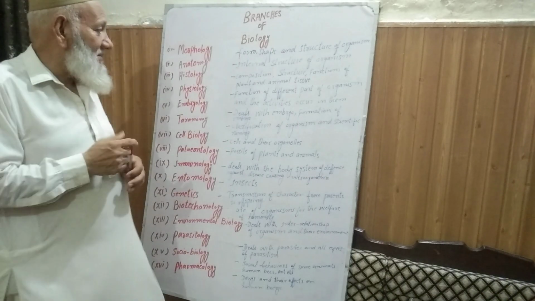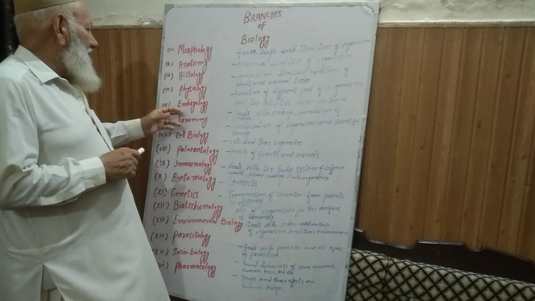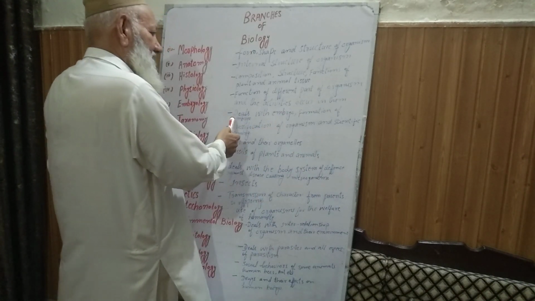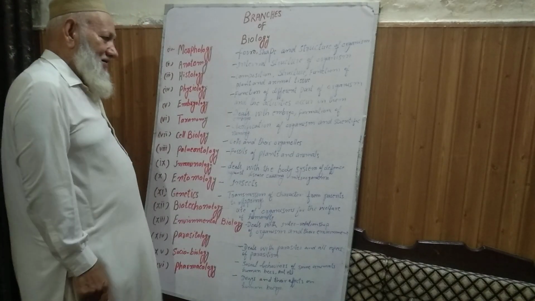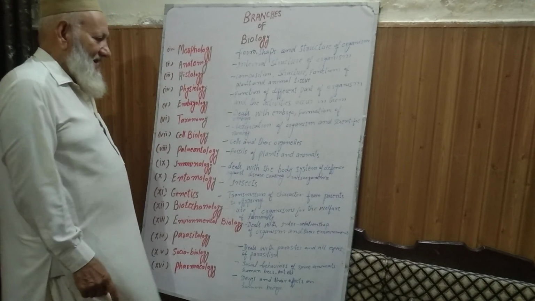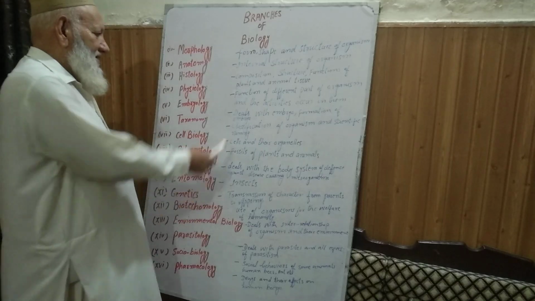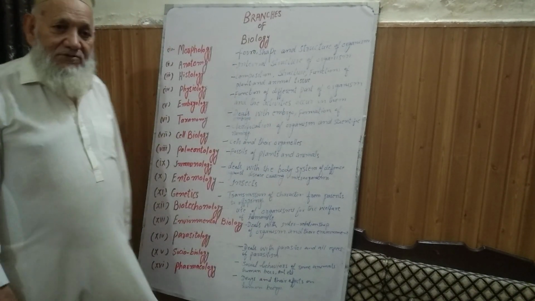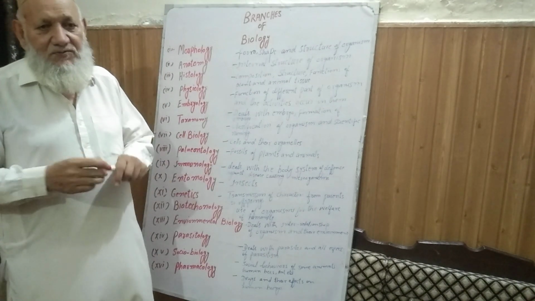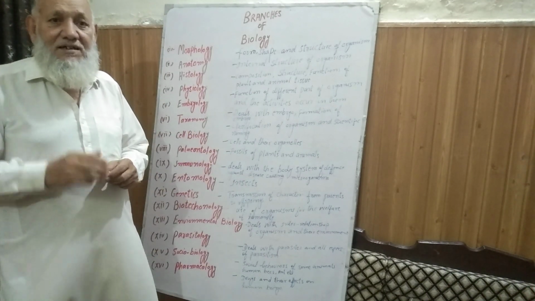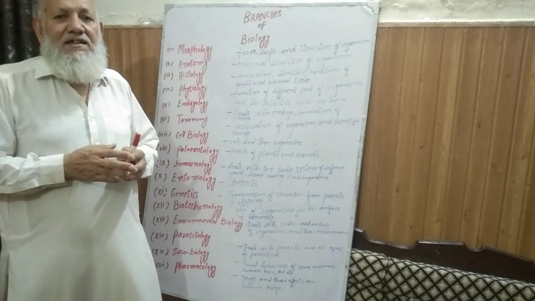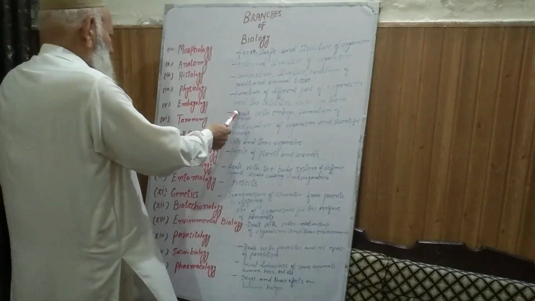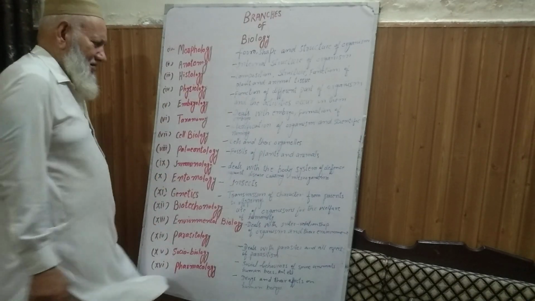So now you are clear what embryology means. It deals with the formation of the embryo of animals and plants: how the embryo develops, what meets with each other to make the embryo, and how they produce the young organism.